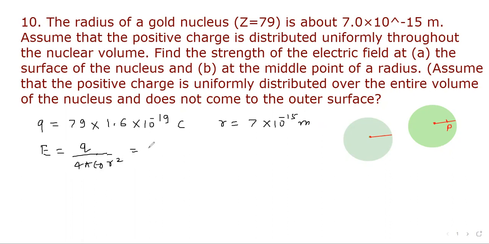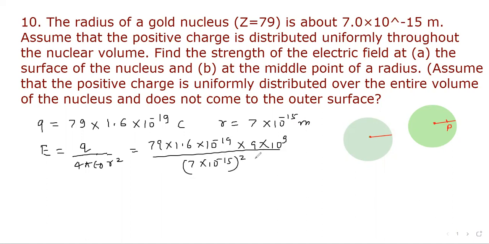So if we put the values, 79 into 1.6 into 10 to the power minus 19 into 9 into 10 to the power 9 divided by R square, that is 7 into 10 to the power minus 15 square.